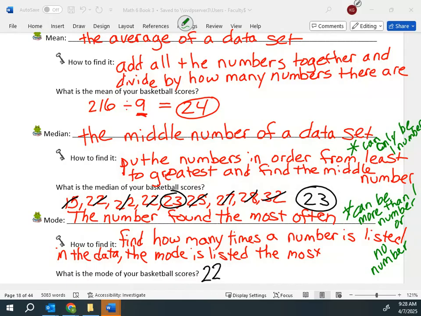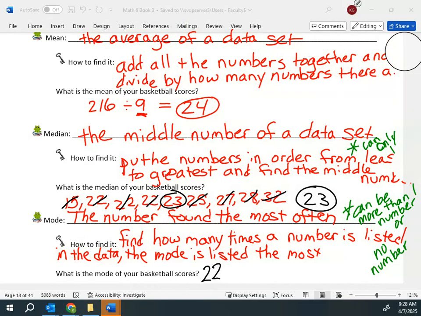They didn't score 0 in any of their basketball games. So we wouldn't want to put 0 for that. You would put no mode. You don't put any numbers, you just say no mode if they're all listed the same amount of times. Any questions on those definitions? Mean, median, and mode.